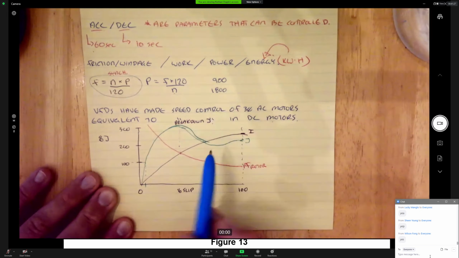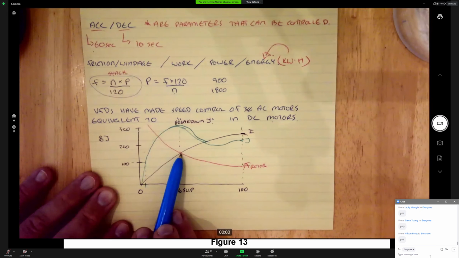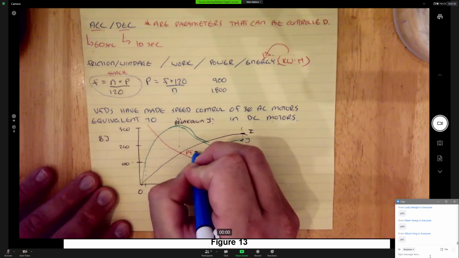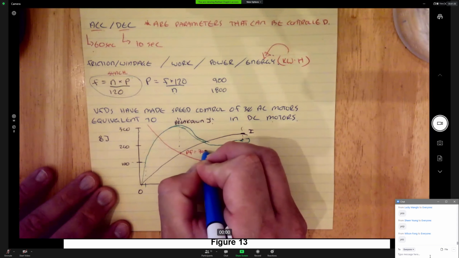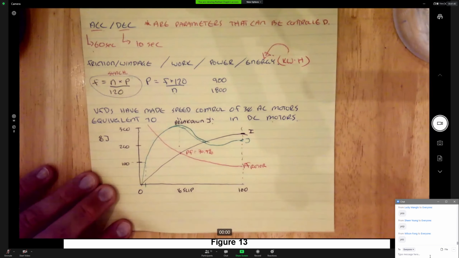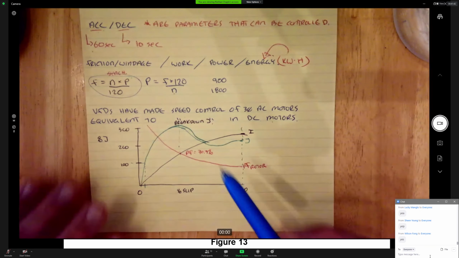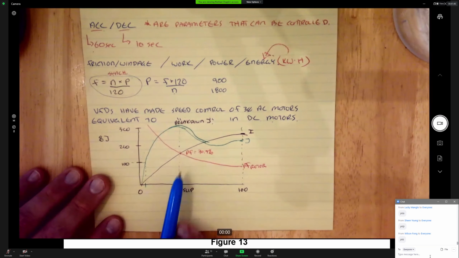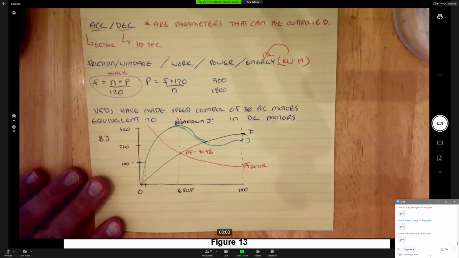And it occurs precisely at this point for a very specific reason. At this point, power factor is equal to 70.7%. And we'll come back to that in just a minute. So this generally is about a 25 to a 30% slip where this occurs.